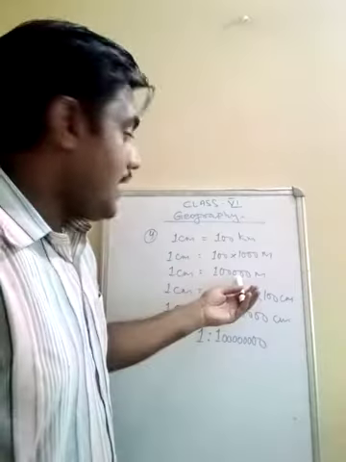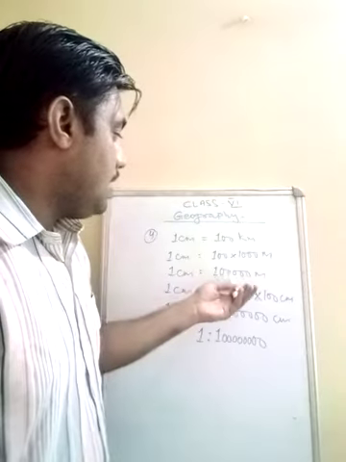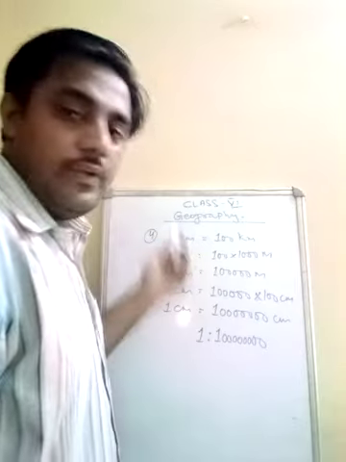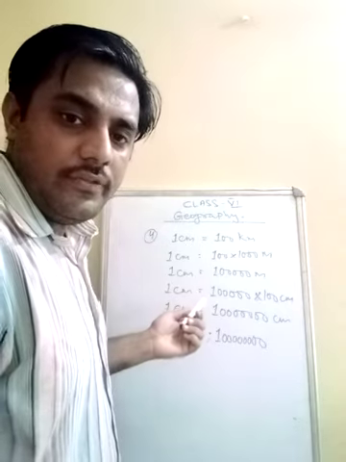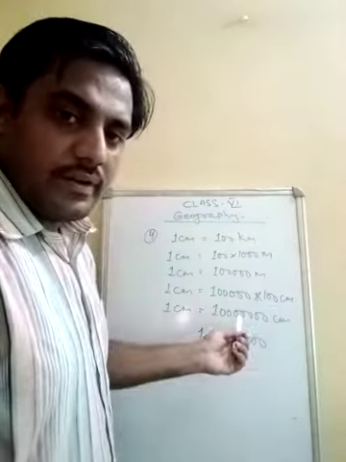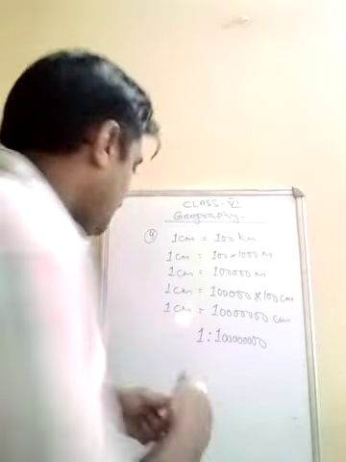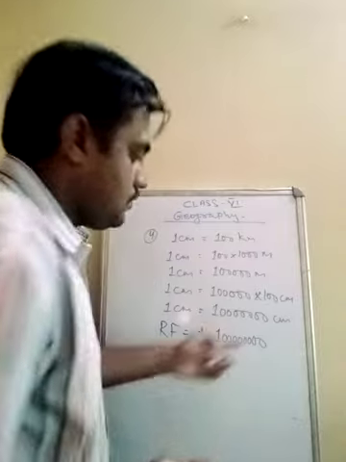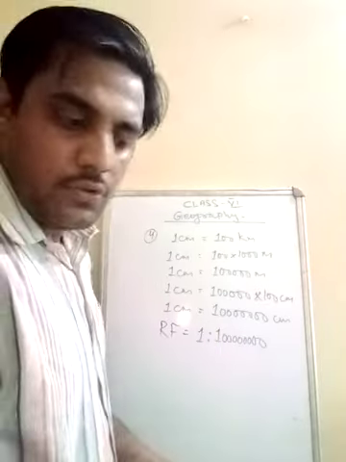Then that meter, whatever the answer comes, again gets converted to centimeter. Why? Because your unit value is in centimeter. So in the end, 1 centimeter equals 10 crore centimeter. Centimeter is cancelled, and your RF, representative fraction, is 1 is to 10 crore.